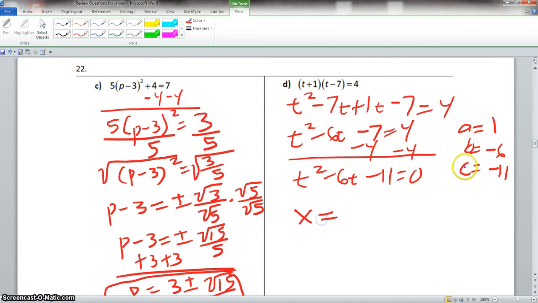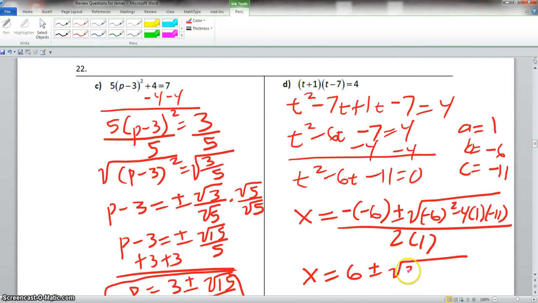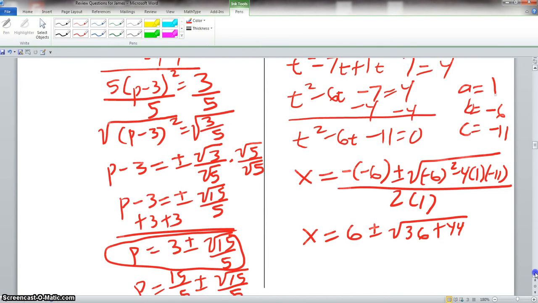So we have x is equal to, we know it's the opposite of b, and we know b is negative 6, plus or minus the square root of negative 6 squared minus 4, a is 1, and c is negative 11, all over 2 times a, which is 1. So we have x is equal to 6 plus or minus the square root of 36. Negative 4 times 1 is negative 4, times the negative 11 is a positive 44. And then that's all divided by 2.